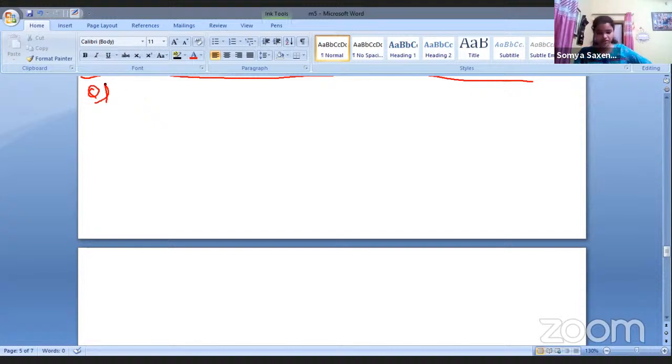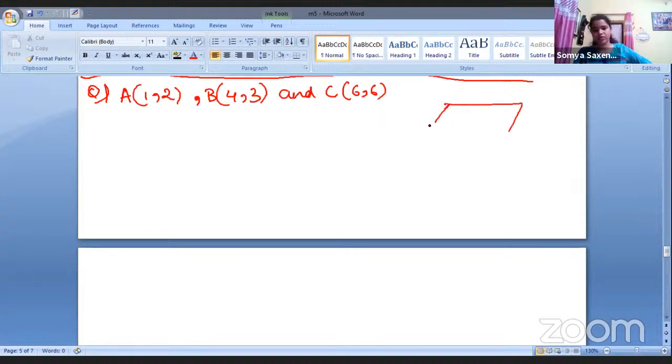So the particular question is, if a point is given A, coordinates are given, B, coordinates are given, and C, coordinates are given, are 3 vertices of a parallelogram, A, B, C, D. I hope you all remember what is a parallelogram. It is something like this, slanted rectangle, right?